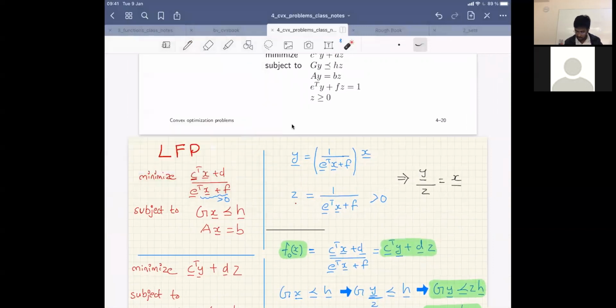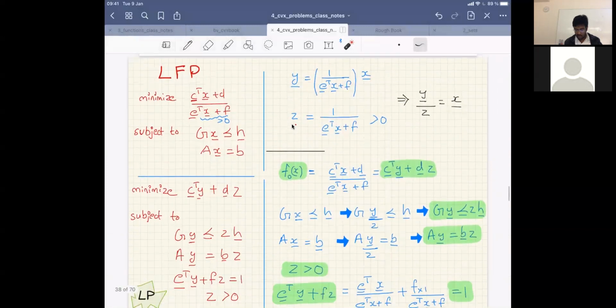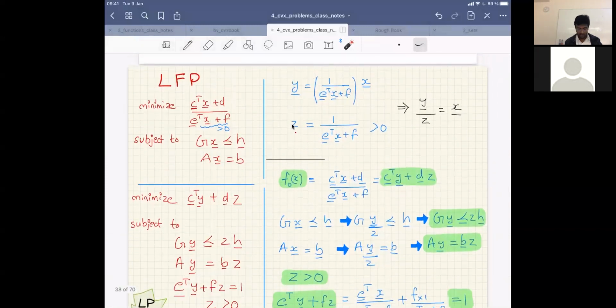Now, from this, what can you conclude? If you consider the vector y by z, it will be x, right? Because this term will get cancelled, and it will be x. Now we are going to rewrite the original problem in terms of x, y, and z. So what was our f0 objective function?